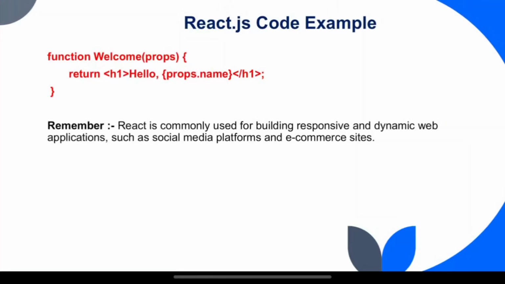Let's take an example of React.js. There is a function Welcome in which we will pass props. Remember, React.js is commonly used for building responsive and dynamic web applications such as social media platforms and e-commerce sites.